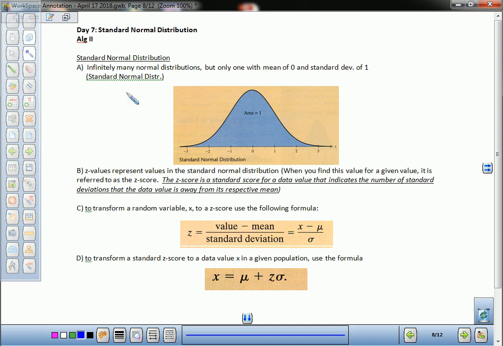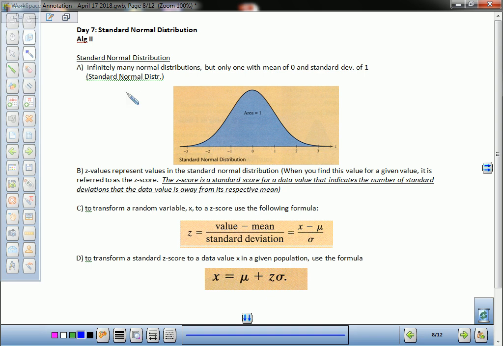Now, what I do is I force the data to have a mean of 0 and a standard deviation of 1. So we're going to convert our data. Remember how we used to shift graphs around? We're kind of doing the same stuff with data. We are transforming our data.